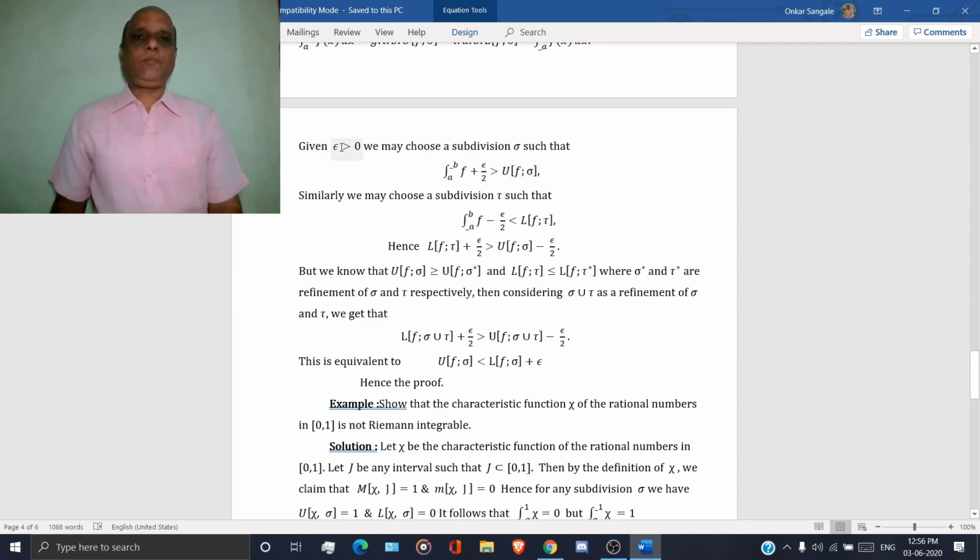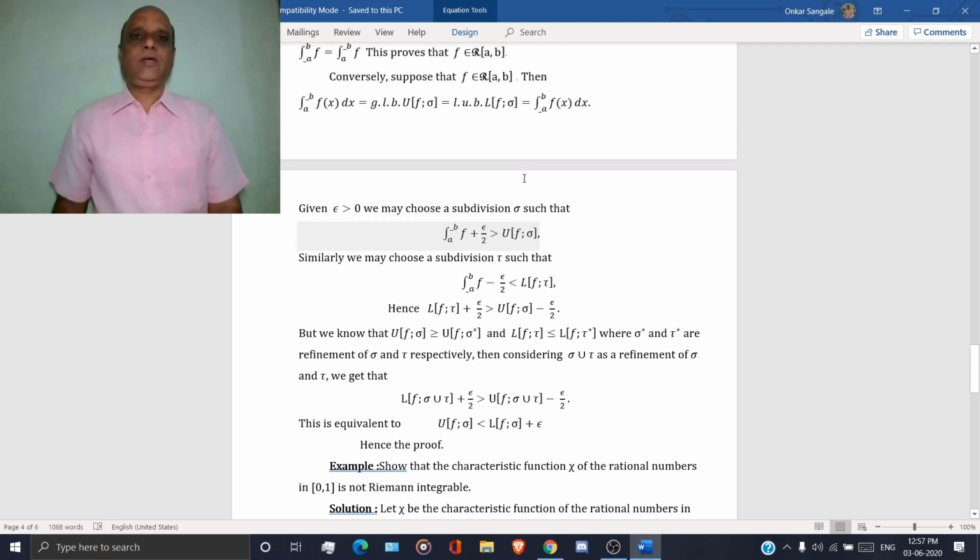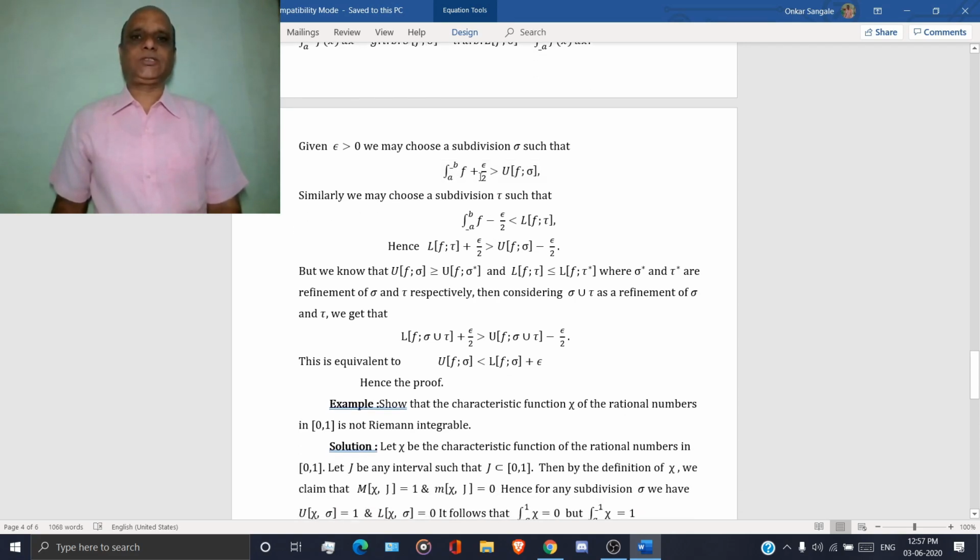Then for epsilon positive, we may choose a subdivision sigma such that the upper integral from a to b of f plus epsilon by 2 is greater than the upper sum for f corresponding to subdivision sigma. Here we are dropping the greatest lower bound, and therefore we take the relation: upper integral of f plus epsilon by 2 is greater than the upper sum.